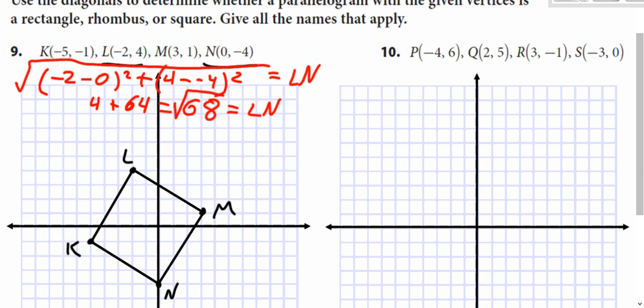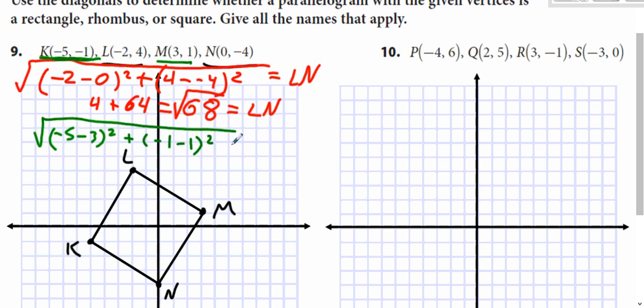Then we check the other diagonal, which would be KM. Distance formula again is x minus x, so -5 minus 3 squared. And then the y minus the y, -1 minus 1 squared.